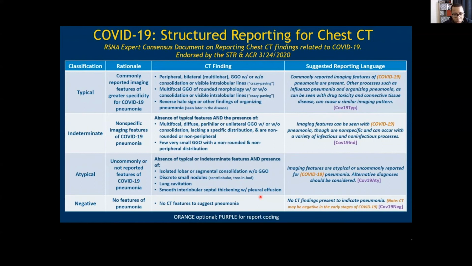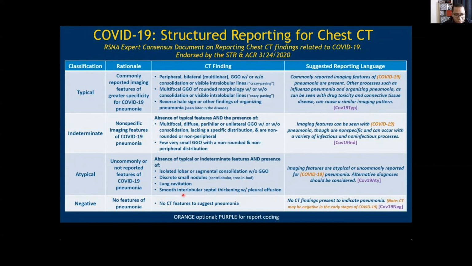So you have this focal area of infection, because we know COVID is not one that affects a focal area of the lungs, rather it's a diffuse process. So discrete small nodules, centrilobular or tree-in-bud nodules, lung cavitation, smooth interlobular septal thickening with pleural effusions are atypical findings, right?